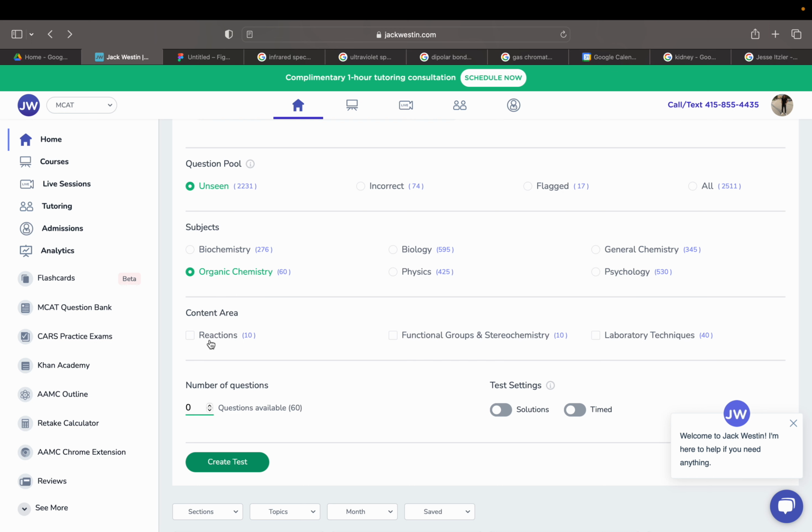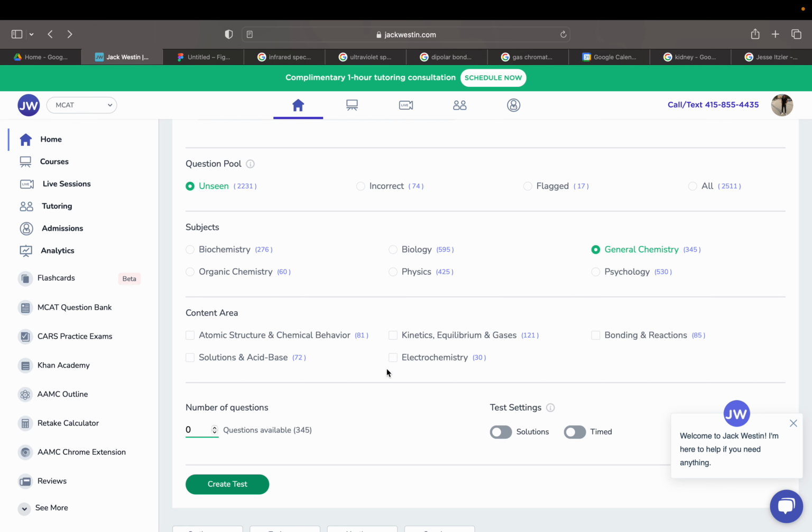And we have reactions, functional groups, and stereochemistry and lab techniques for organic chemistry. And for general chemistry, we have these 5 areas. So for the physics and chemistry section, we will put our focus on these 3. And for the biology section, we will put our focus on these 2. And for the psychology section, we only have this.